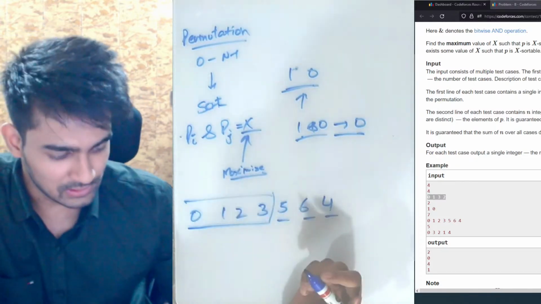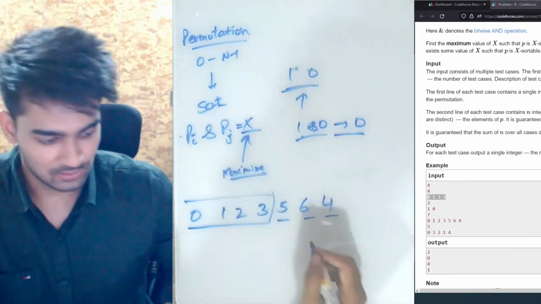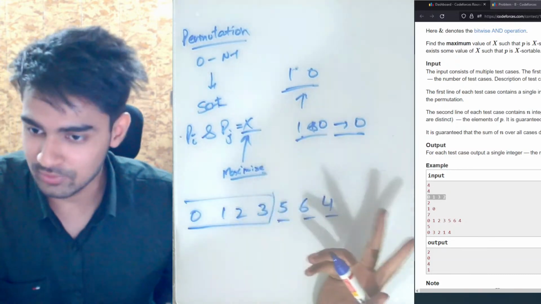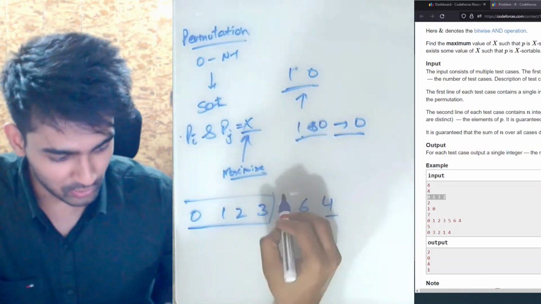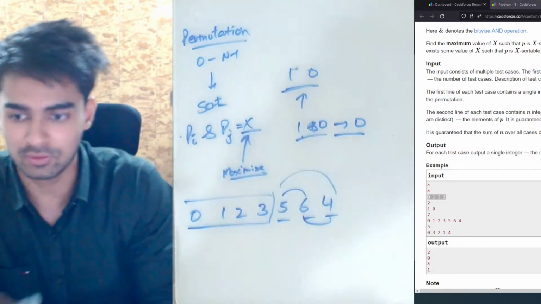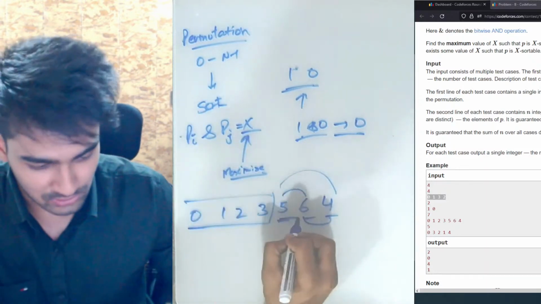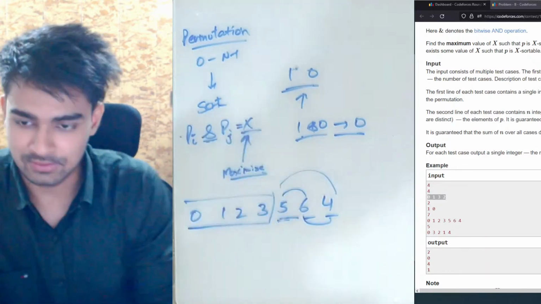Now you need any two values which you can pick up so that you can swap those two values. So you want to pick up 5, 6 also. At some point you might have to pick up 6, 4 also, and you might have to pick up 5, 4 also. And every time when you pick two values, their AND should be equal to x.